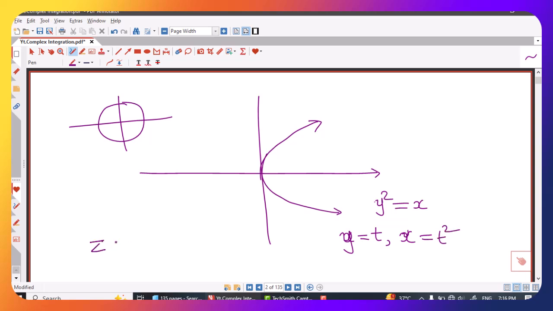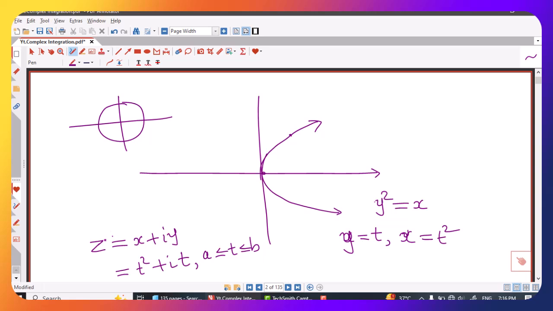So if I want to write this as a curve in the complex plane, z is x plus iy, so I can write z equal to t square plus i times t, and whatever portion of this curve we want to consider, depending on that portion our t will lie between two real numbers.